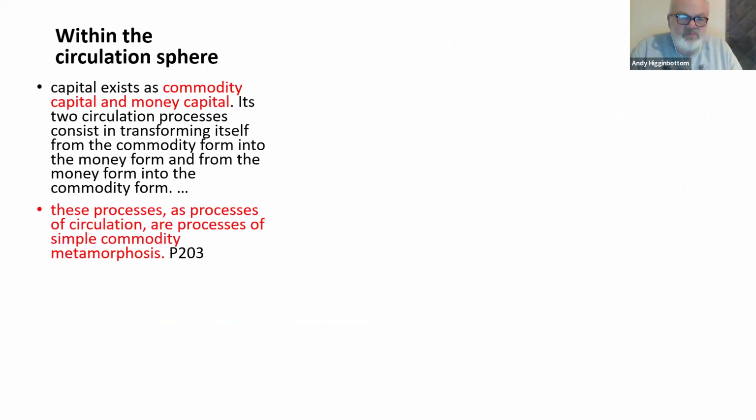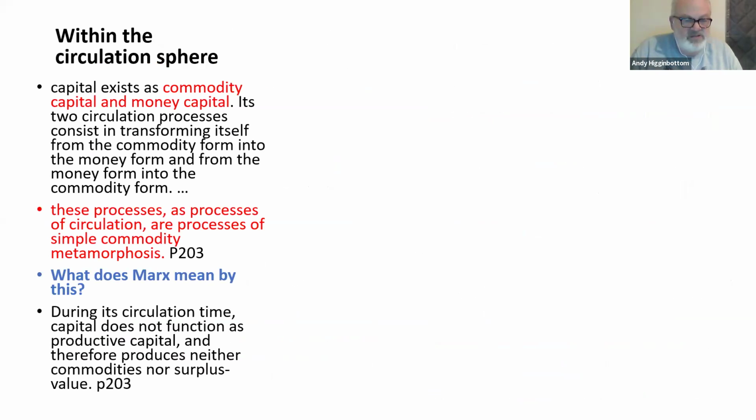Now, so far that is capital's time in production, okay? Now he looks at the time that capital spends in circulation, right? And these processes of circulation are processes of simple commodity metamorphosis.